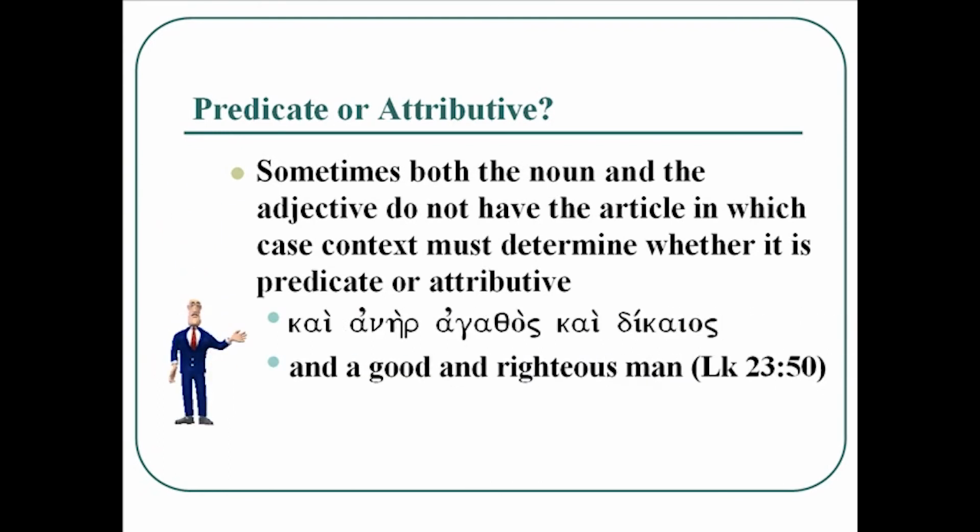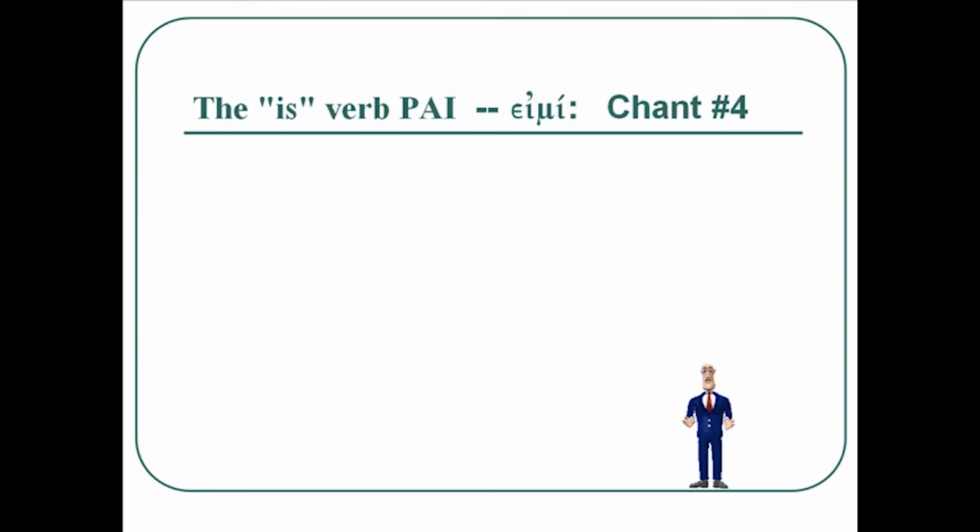For example, kai aner agathos kai dikaios. Translated from Luke 23:50, a good and righteous man. But it could also be translated, and a man was good and righteous. But the context pushes it in the direction of an attributive adjective rather than a predicate adjective.